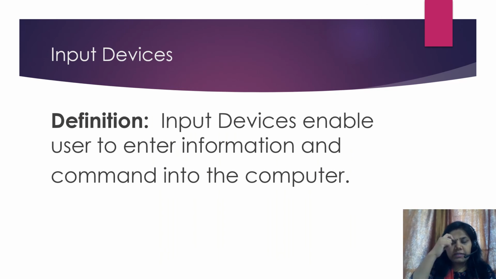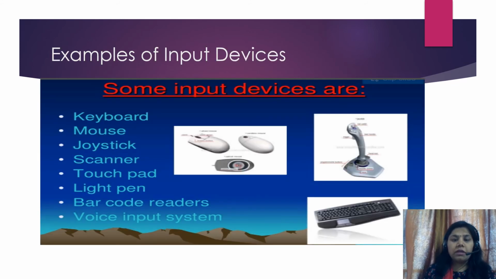Next, what are input devices? Input devices enable the user to enter information and commands into the computer. Like I told you before, with the help of the keyboard or the mouse you can give input to the computer. So they are input devices.